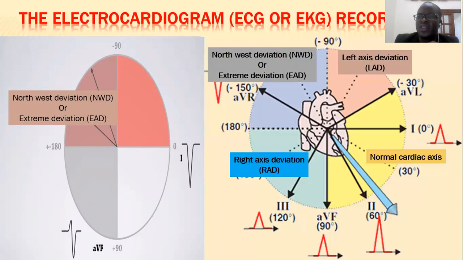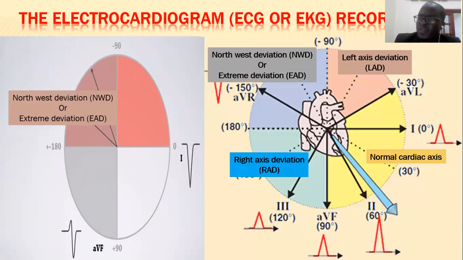This is very rare. In most cases, you won't find an ECG tracing that will give you northwest deviation. Mostly, you can have left axis deviation that can be due to hypertrophy of the left ventricle. Then you can also have right axis deviation that can be due to hypertrophy of the right ventricle.